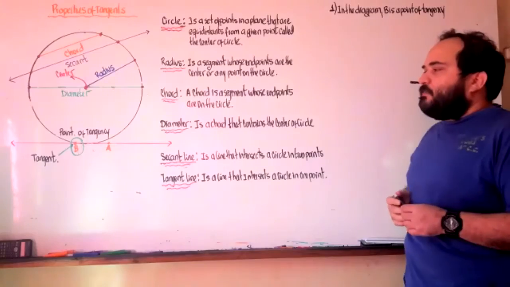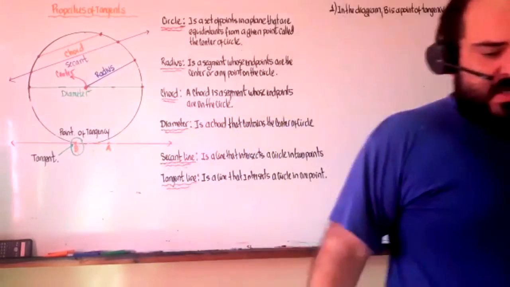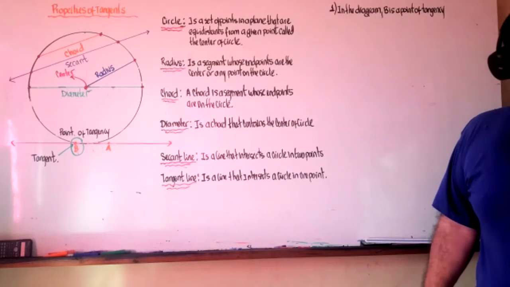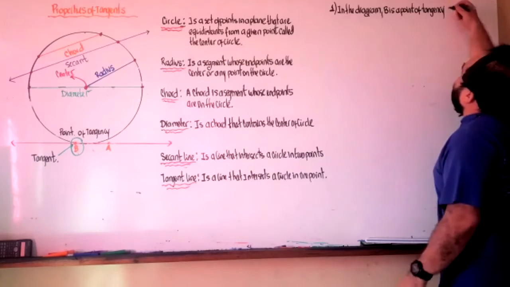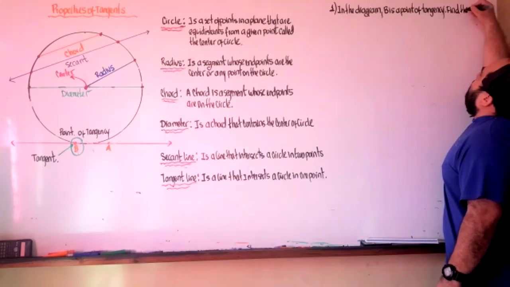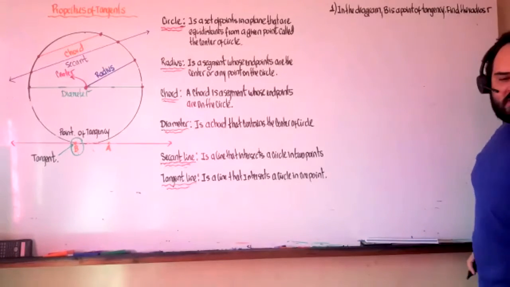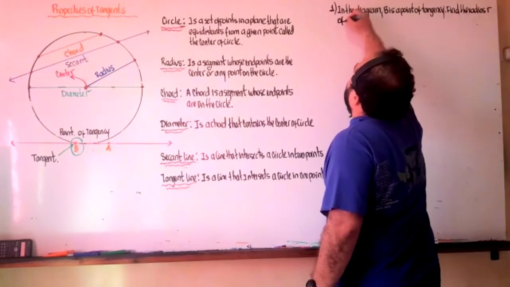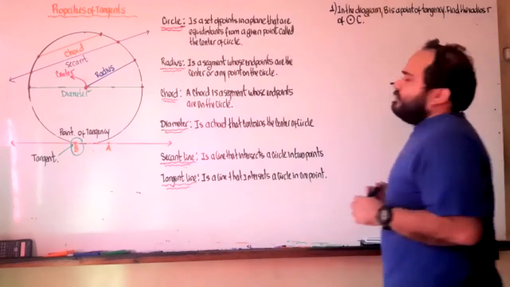Remember, point of tangency, because the tangent line intercepts one singular point on the circle. Find the radius R of circle C.